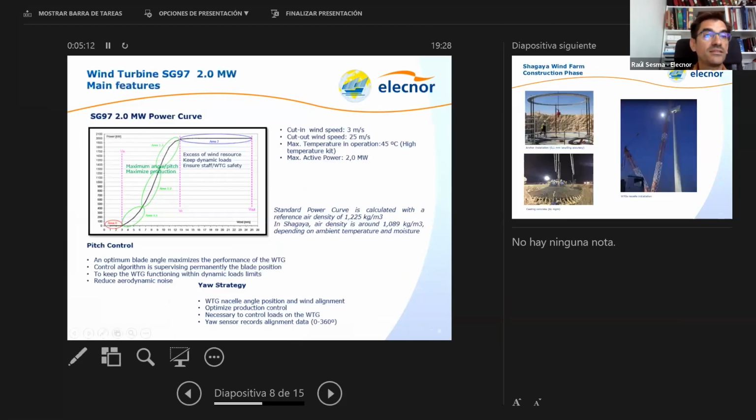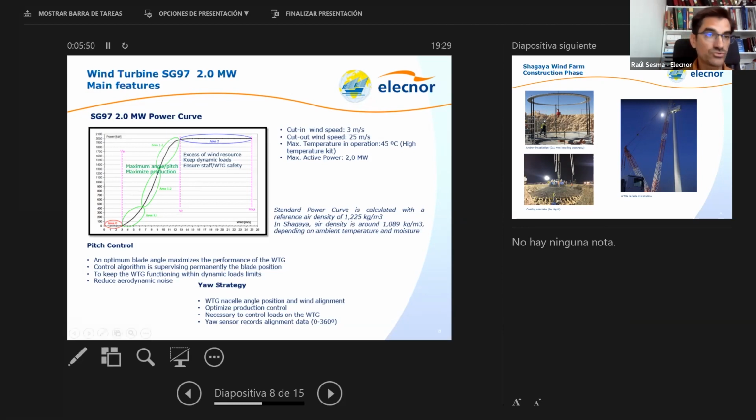As we can see here in the power curve, the usual standard for calculation is 1.22 kilograms per cubic meter. In Shagaya, we have around 1.09 kilograms per cubic meter, and in other places, we are around 1.14, 1.15. So it means the strength of the wind to push the blades is less here in Shagaya than in other places where we have this kind of wind turbines.